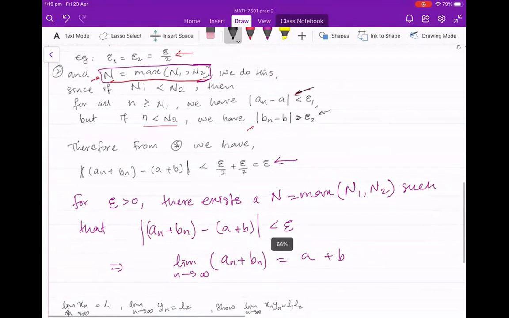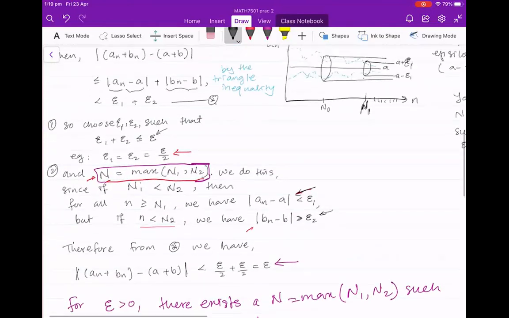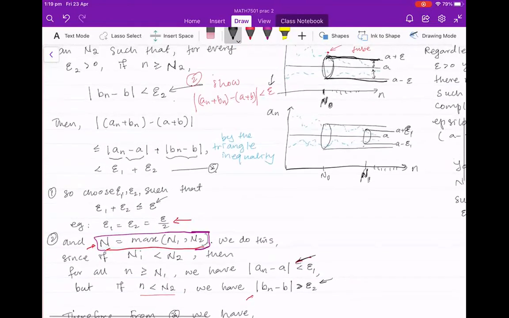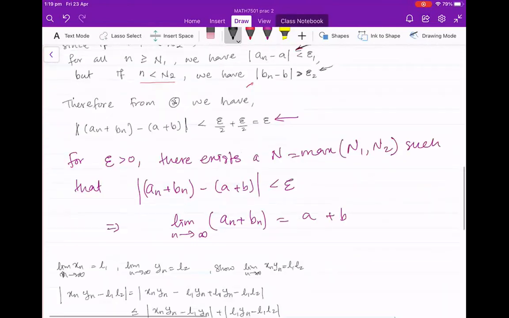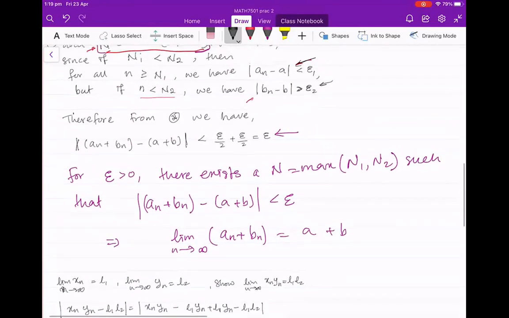You start with the problem, choose epsilon, and then go back and restate this: for every epsilon, there exists n, which is the maximum of n1, n2, such that a_n plus b_n minus (a plus b) is less than epsilon. This is what we have shown.